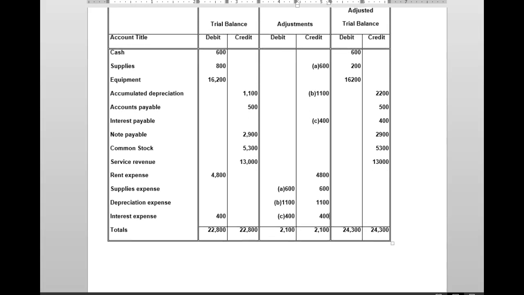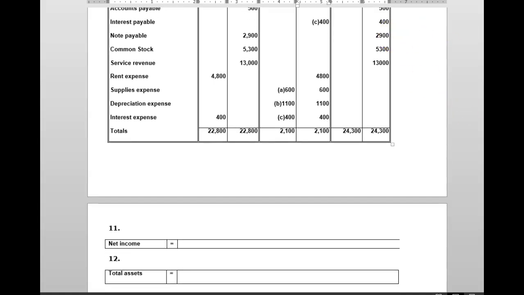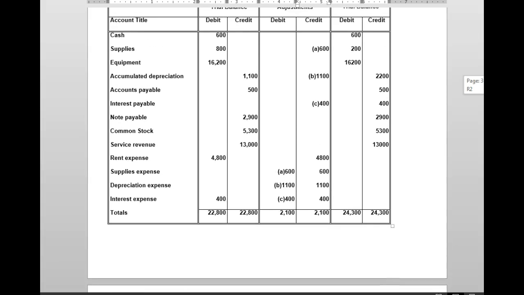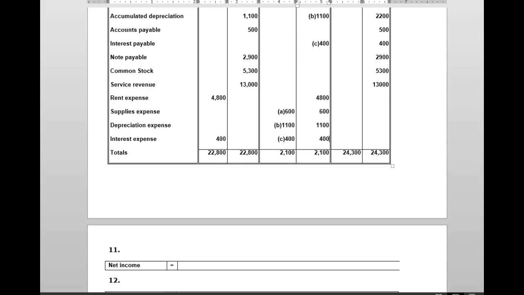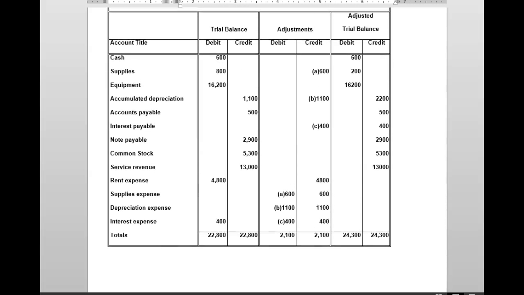And there are 11 and 12, which ask 2 questions. What is net income from up here? Very easy to figure now. You have revenues of $13,000, and these are your expenses that you're going to subtract. And you're going to put that down in net income. What are your total assets? Now this is a bit tricky. Okay?